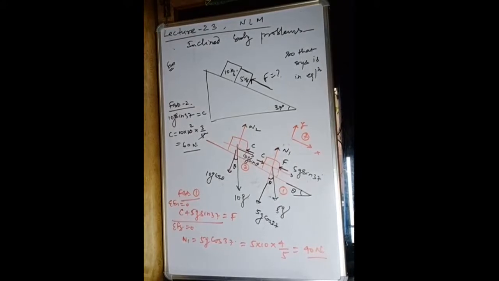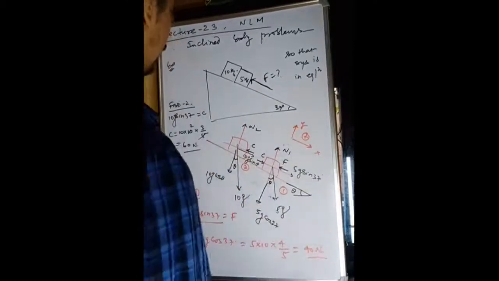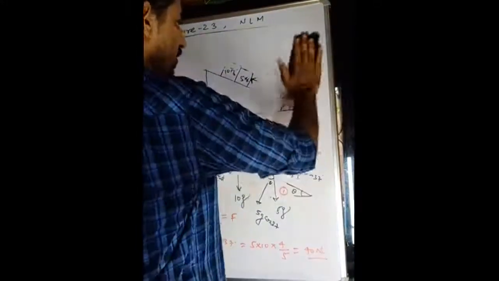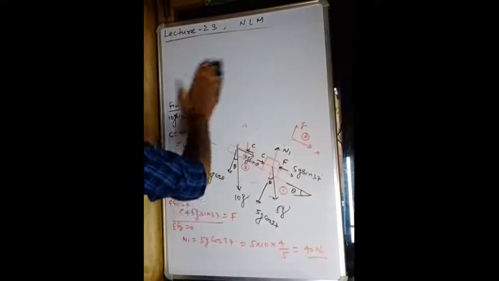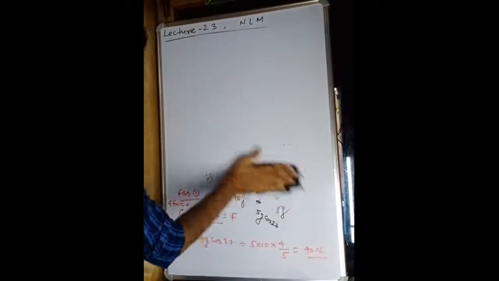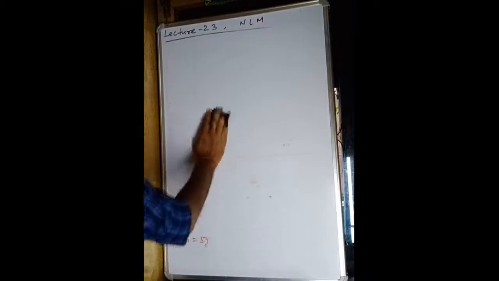Now, my dear students, we will study another topic. It is basically a concept of force on a string, cable, rope or thread, and that is called tension. So give the heading tension.